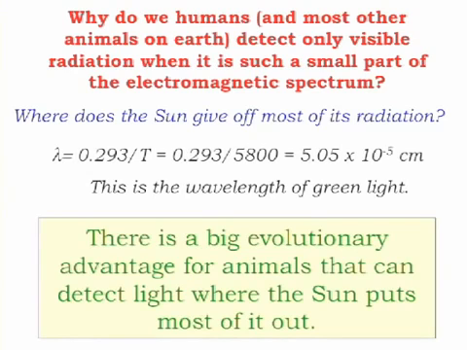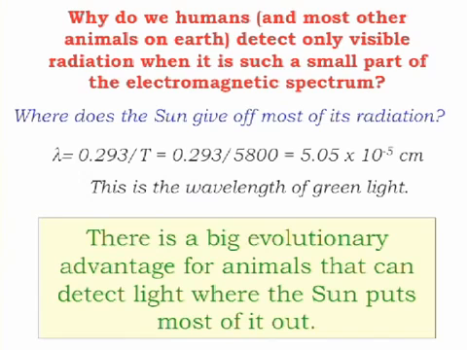The real advantage: the peak wavelength of a 5800 degree source, just sticking it into the formula, turns out to be green, and that's the peak of the emission. And obviously, it's evolution that puts our ability to detect light where the sun puts the most light. It doesn't make any sense to have it anywhere else.